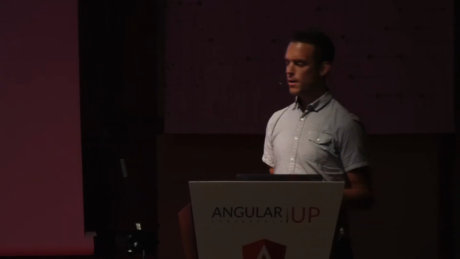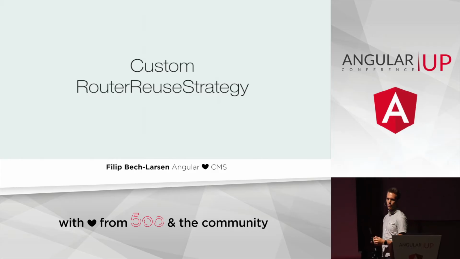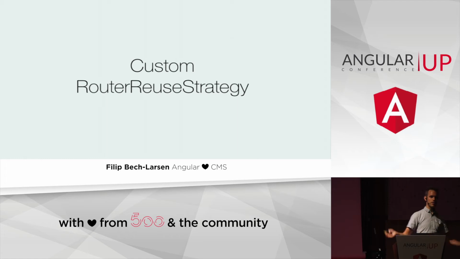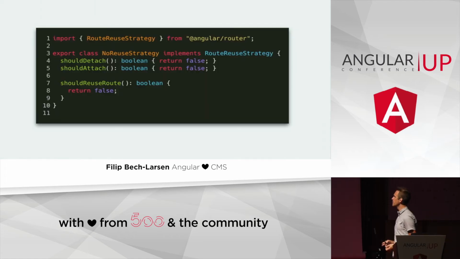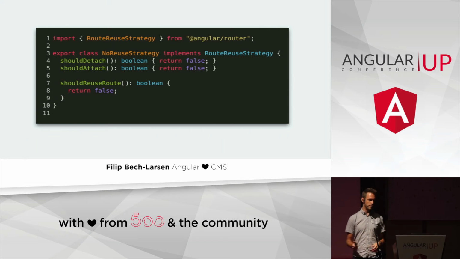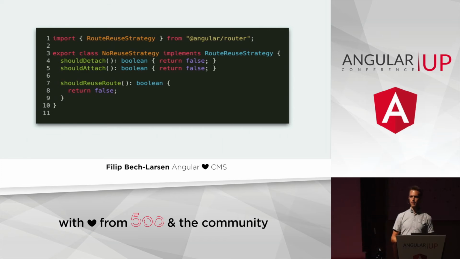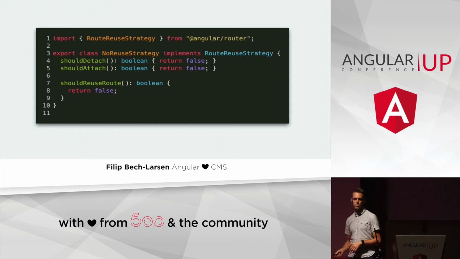It turns out you can actually define your own router reuse strategy. Like anything else in Angular, it's configurable. A router reuse strategy is just a class that implements the router reuse strategy and has a couple of methods on it that determine whether it should reuse the route, how it should detach, and so on.